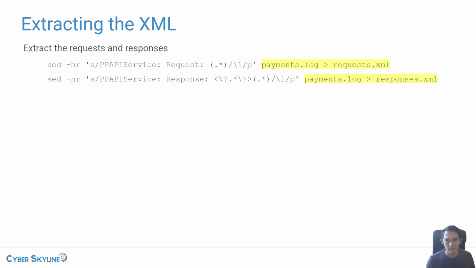What follows is we're specifying to sed that we want to open the payments.log file. That's where you're getting your data from. For the requests, we want to save that into requests.xml, and for the responses, we want to save that in responses.xml.